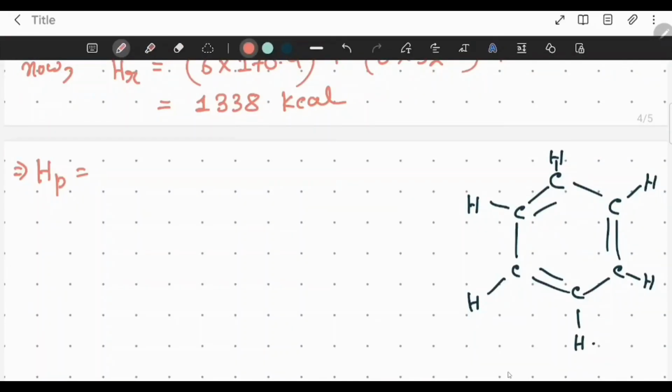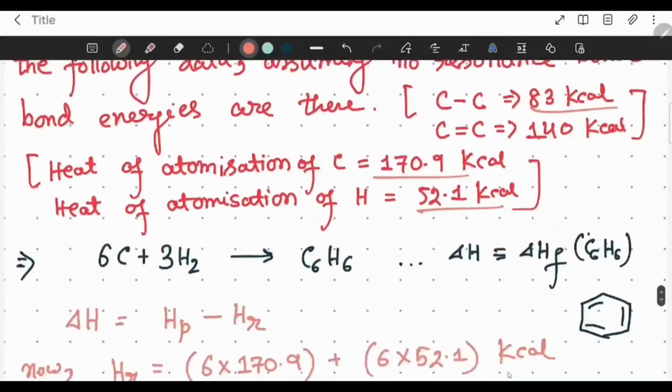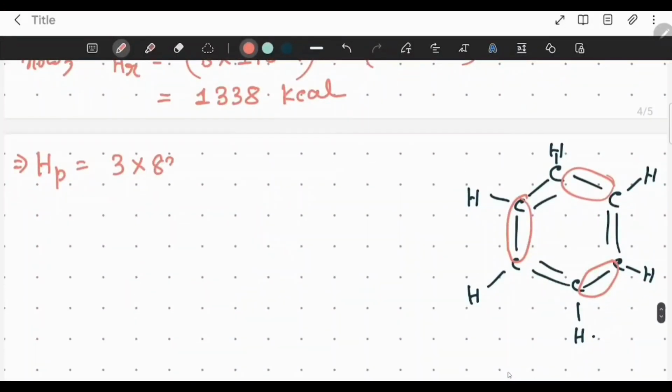So we have to find out how many C single bond C there are. This is one C single bond C, two, three. So 3 into what is the heat of formation for C single bond C? 83 kilocalorie. So 83 plus.